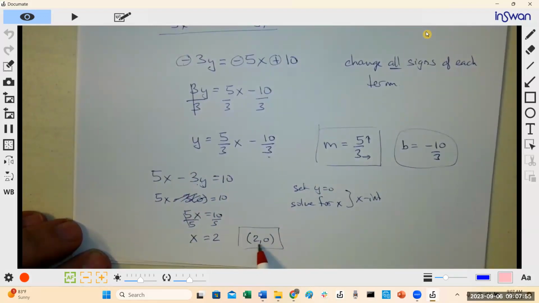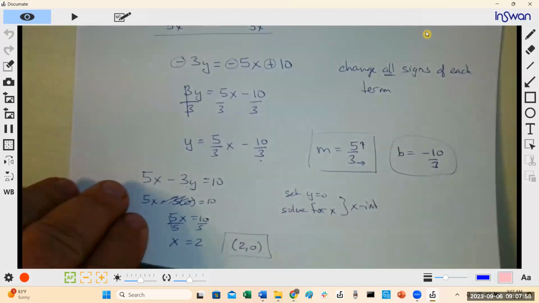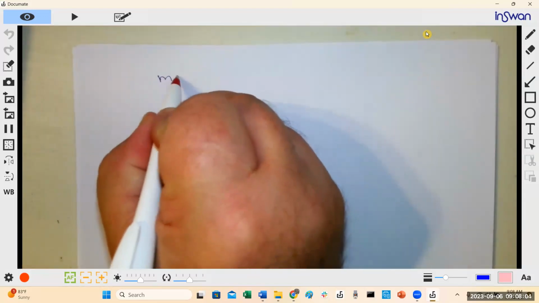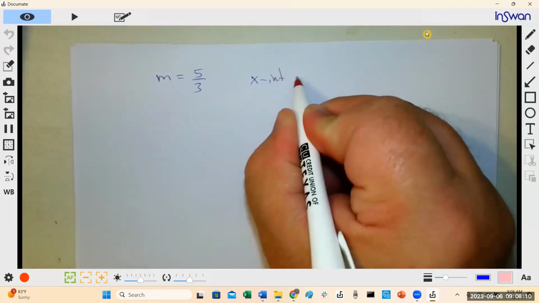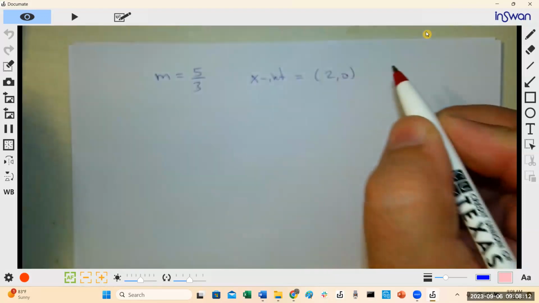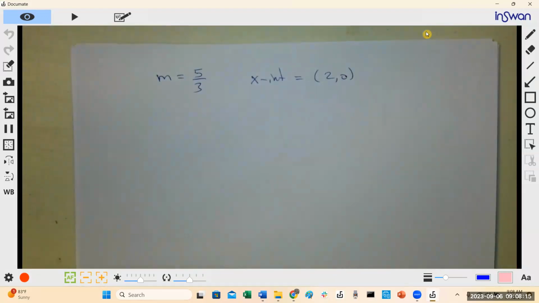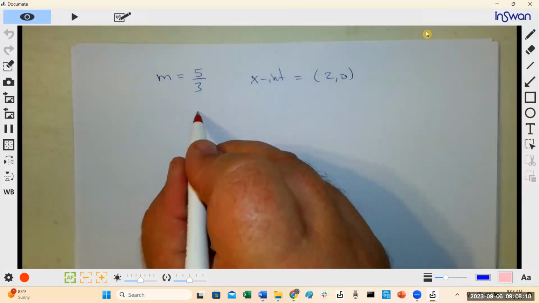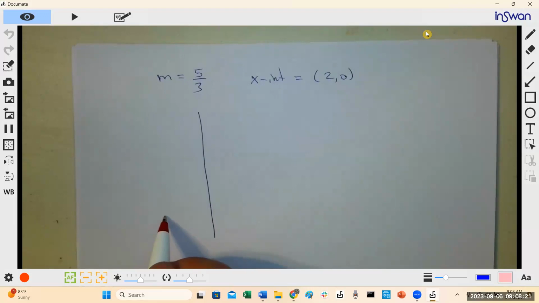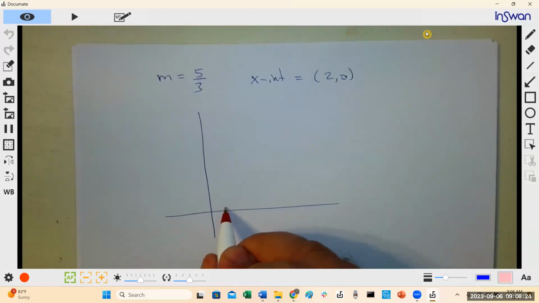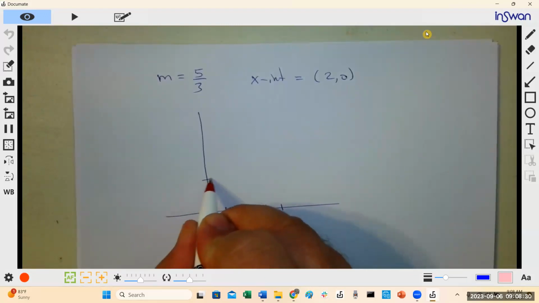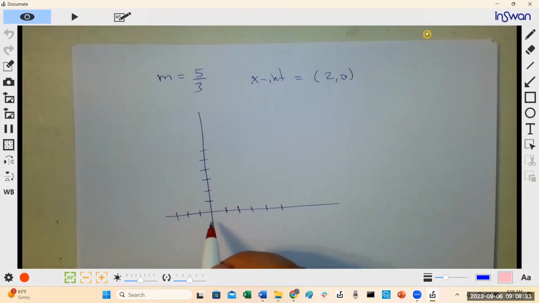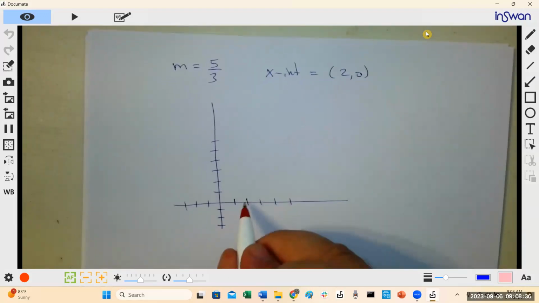So the slope is 5 over 3, and the x-intercept is 2, 0.